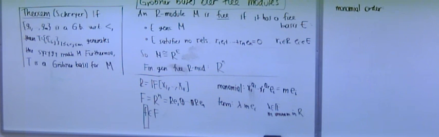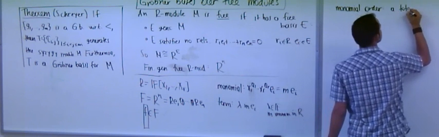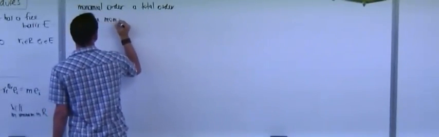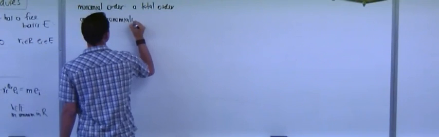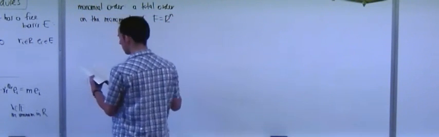And so I need to decide what are the initial terms of these guys. Okay, so what should it be? Well, again, we're going to allow ourselves some generality. So a monomial order is a total order on the monomials of F, which is R to the n, but it should satisfy some properties.